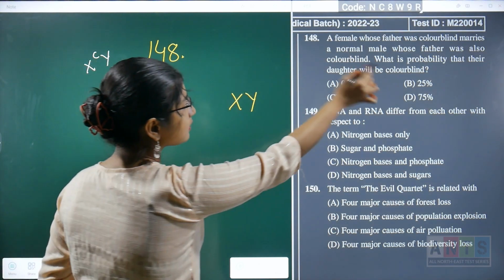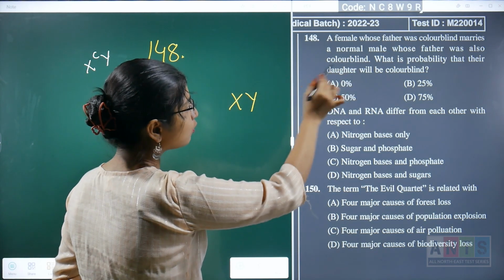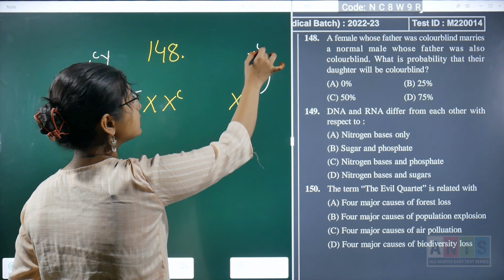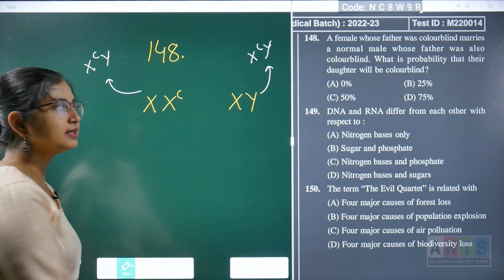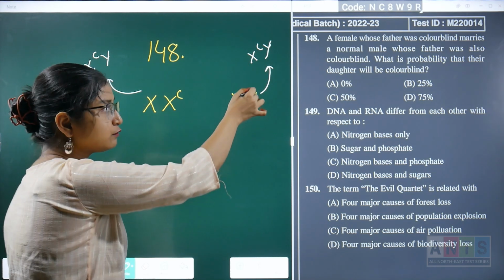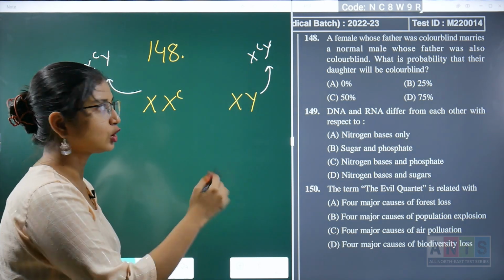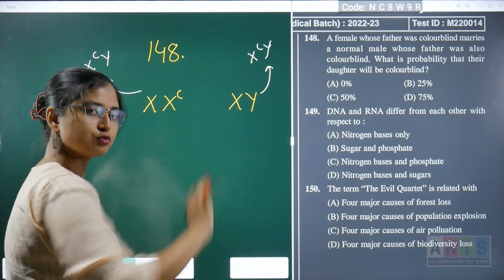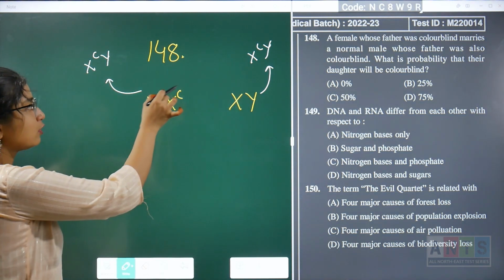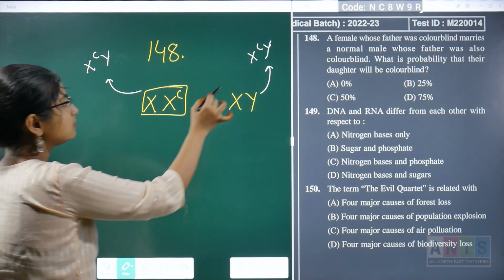Now this female marries a normal male whose father was also colorblind. But this is not going to affect this male, because from his father he has only inherited the Y chromosome, not the X chromosome. So this male is normal. So now we have the genotypes of the 2 participating parents.